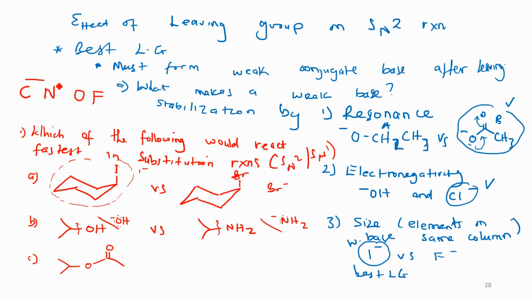So oxygen is more electronegative than nitrogen. So oxygen holds on to the electrons tighter than the nitrogen, which means OH minus is a weaker base than NH2 minus. Both of them are strong bases, but comparatively, OH minus is a weaker base than NH2 minus. So NH2 minus is going to be a stronger base. So it's going to be a poorer leaving group compared to OH minus. So in this case, this would react faster.